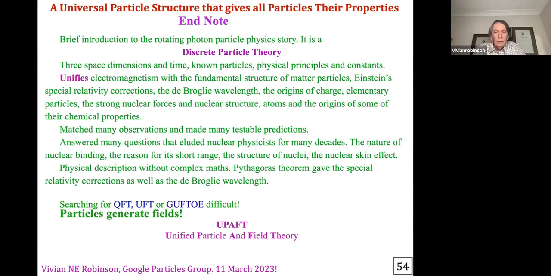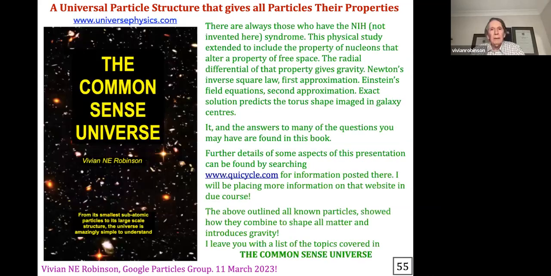I'd just like to leave you with a little bit of something. There are those who have the sort of not invented here syndrome. I'd just like to mention this physical study has been extended to include the properties of nuclei that alter a property of free space. The radial differential of that property gives gravity.